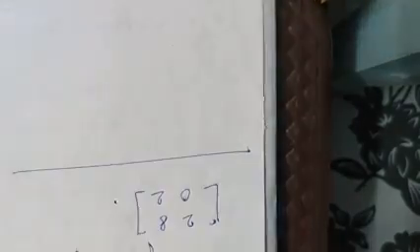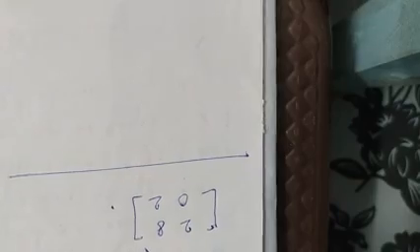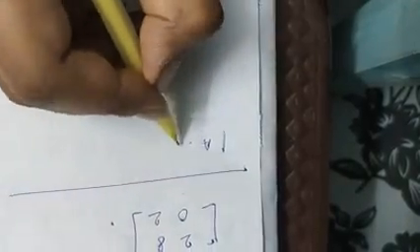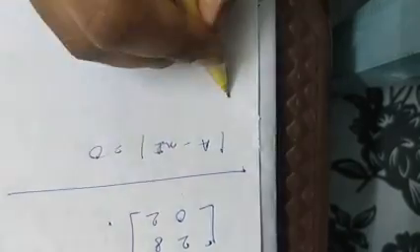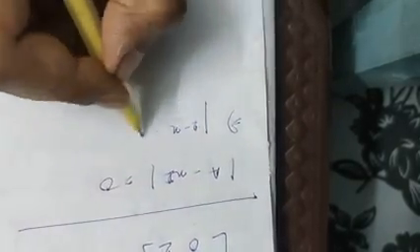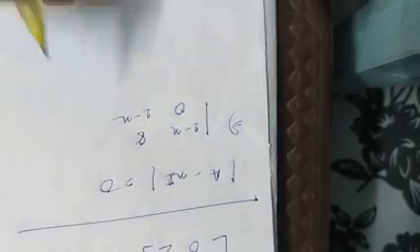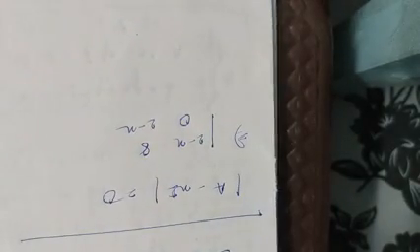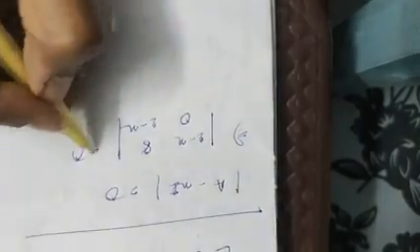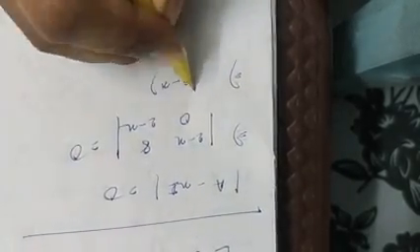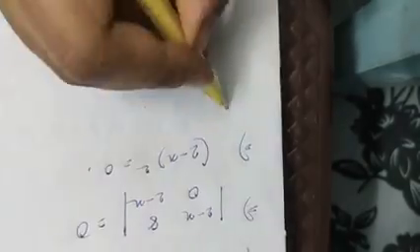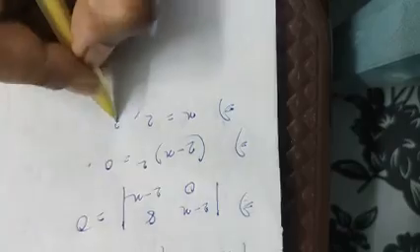So let's start by finding the characteristic values of this matrix. Considering A - xI = 0, we get the determinant of [2-x 8; 0 2-x], that is (2-x) squared equal to 0. So x equals 2, 2.